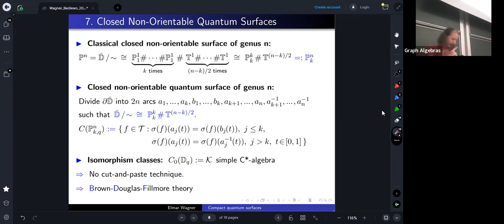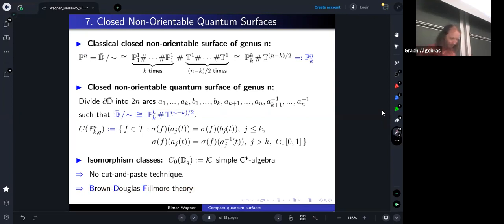Now, in the classical case, when you look at the book, the proof goes by giving some algorithm to cut through the inside and then glue in a different way. Since the compacts form a simple algebra, we cannot cut into them. This technique does not apply, but we are talking about a C-star algebra extension of a commutative C-star algebra by the compacts.